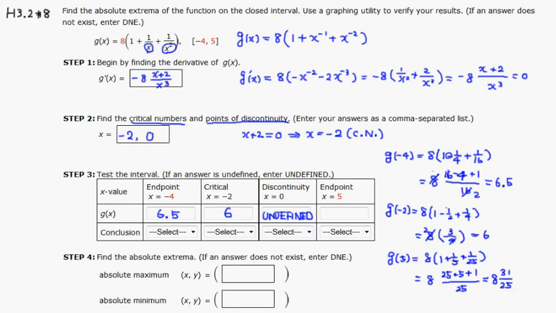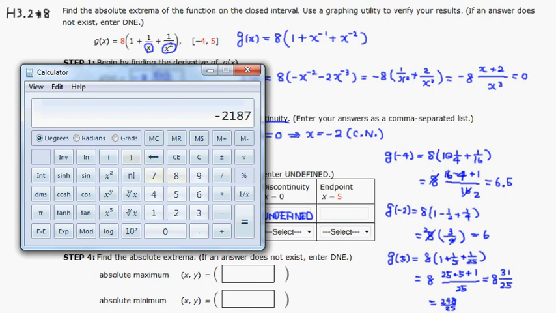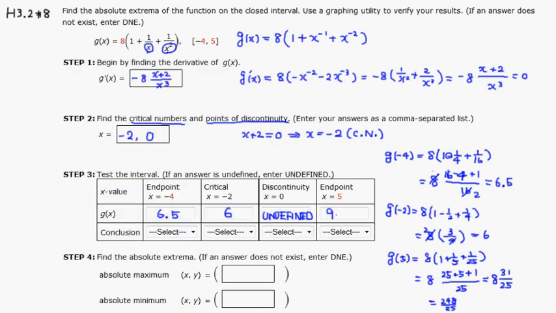Right, so that's equal to 248 over 25. I'm going to cheat a little bit. 248 divided by 25 is 9.92. Right, so this is equal to 9.92.